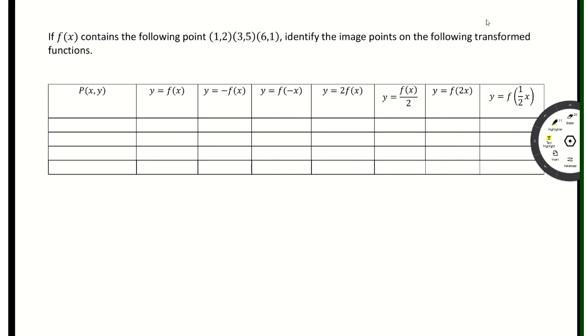But keep in mind that if we have a function y is equal to f of x, and we transform that into some y is equal to a f of b x. Now, here I had point (x, y).